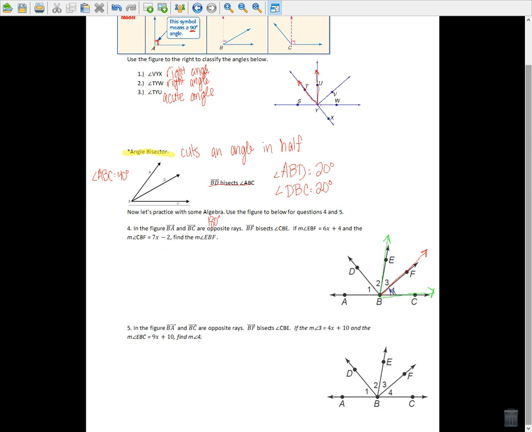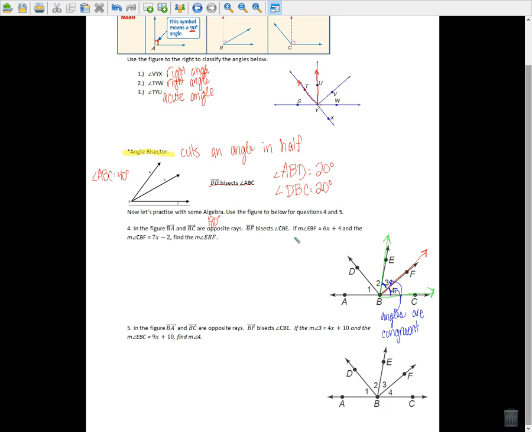So what we're going to do here is put these little loops on our angle. Anytime we have that, and this is important, that means that these angles are what we call congruent or equal.